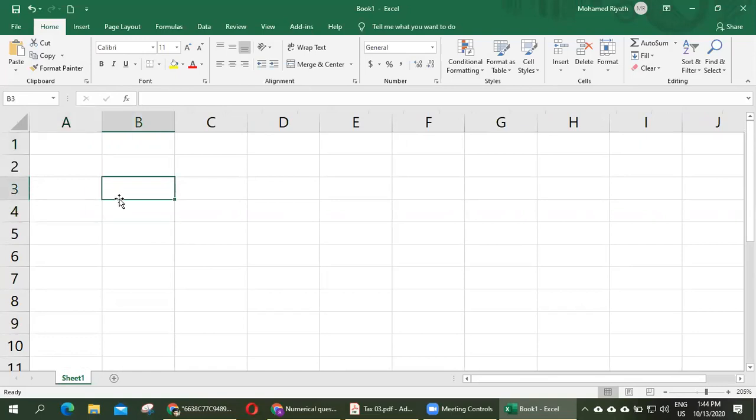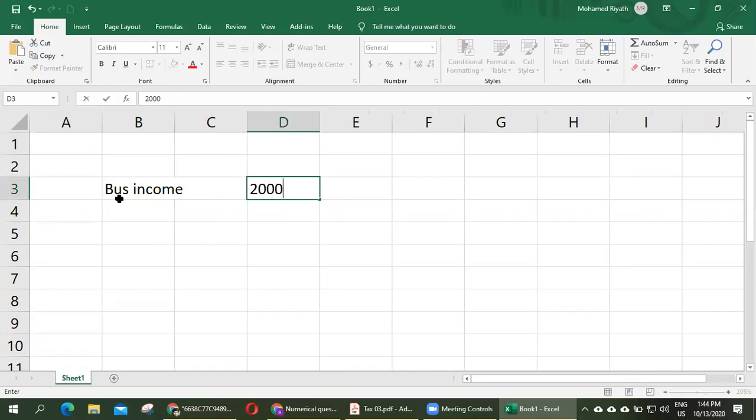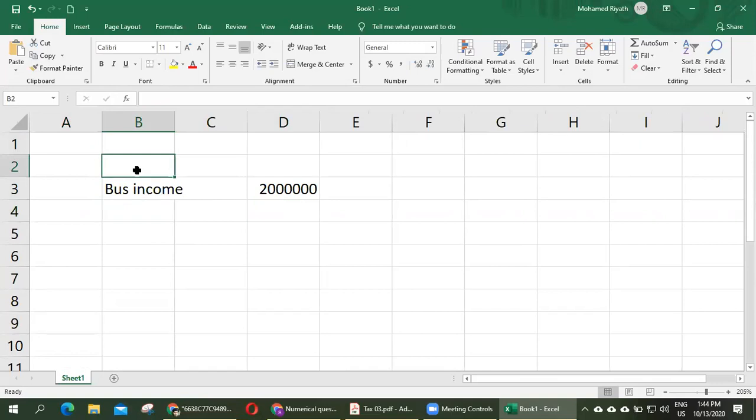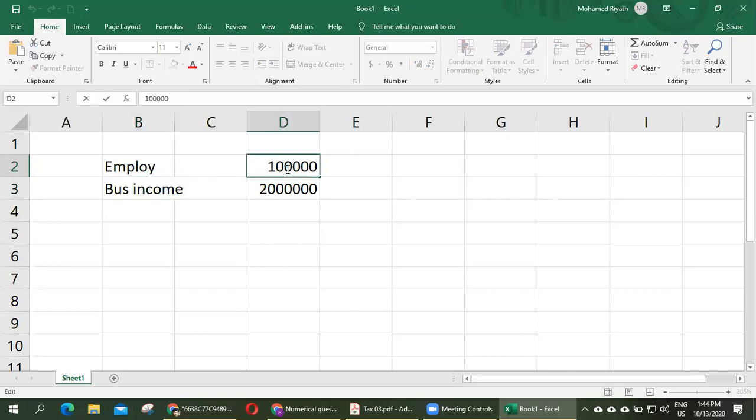Okay, right. Let's say income from business is, say, 2 million. And employment income, say 1 million. Then how much is the assessable income?